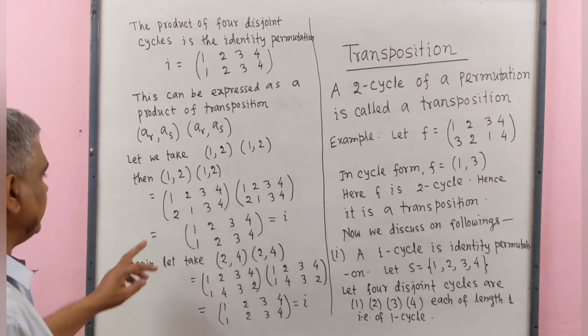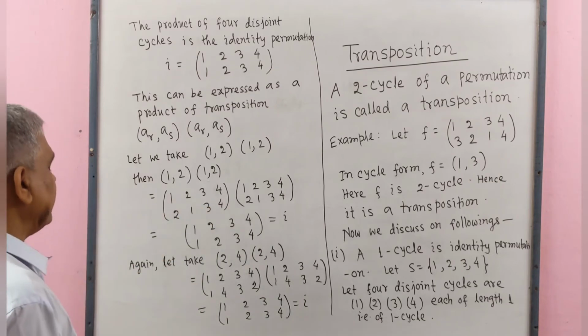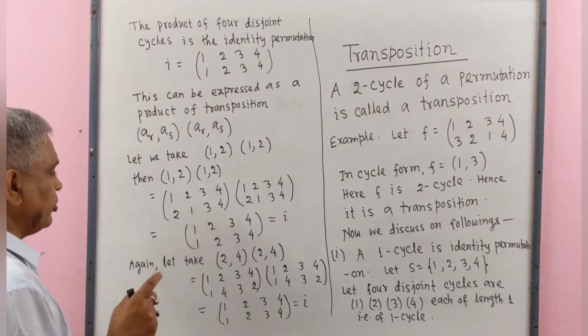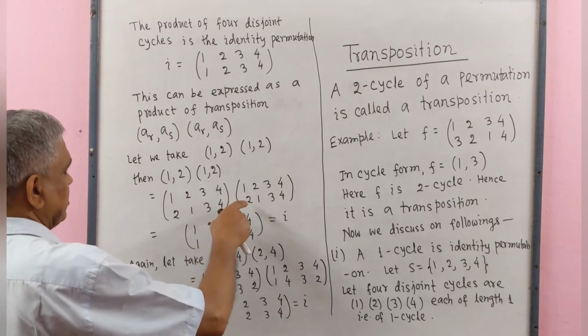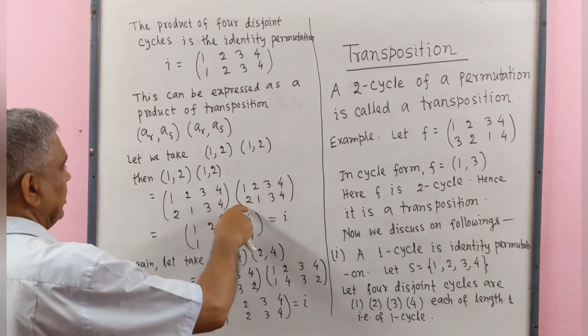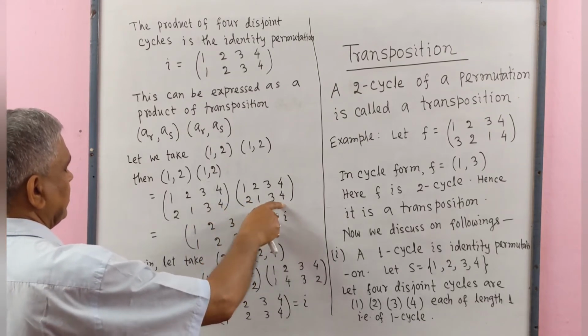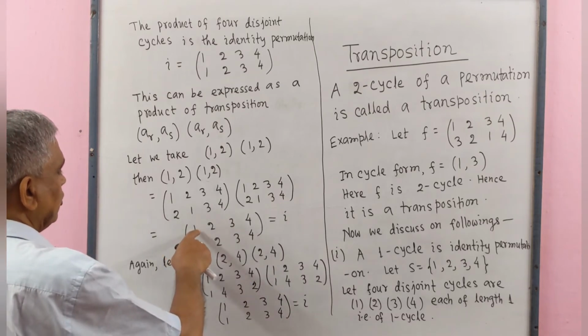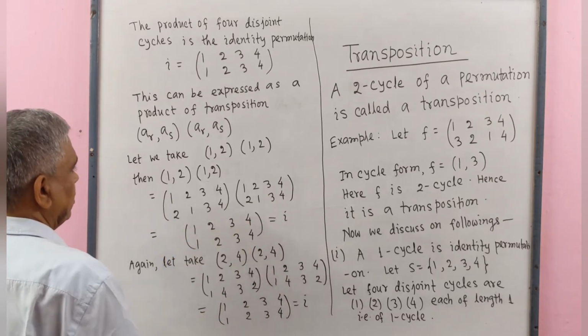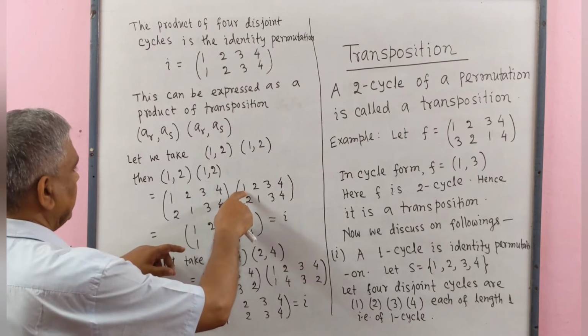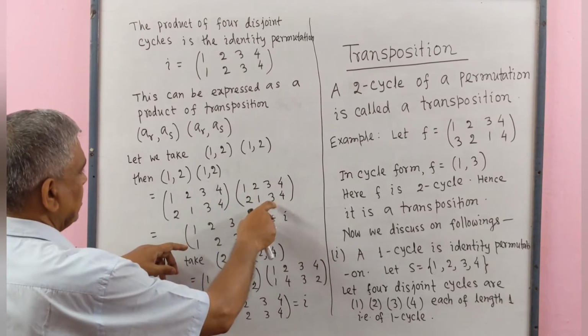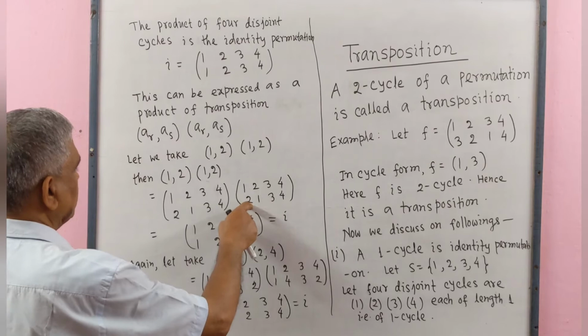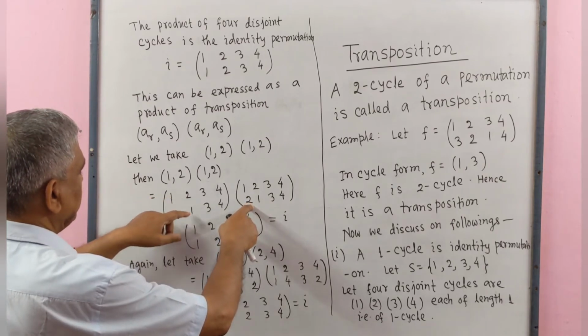Now we multiply this. In the case of multiplication or composite of 2 permutations, we first use this permutation. Here we write 1, 2, 3, 4. We take first this: image of 1 is 2 and image of 2 is 1.